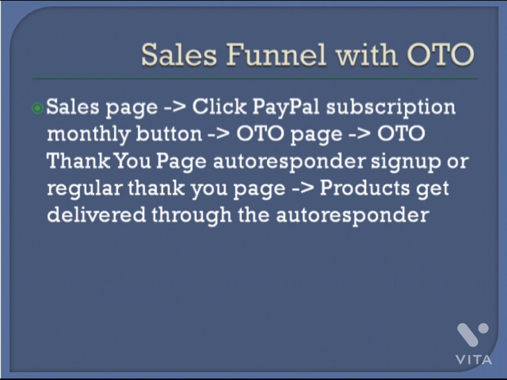Then the products get delivered through the autoresponder. So if you add a one-time offer, it does make it a little more complicated, but it's really not that bad. But in this specific video series, I'm going to talk about the basic sales funnel with no one-time offer. This is important to know so that you can put all the pieces together and know exactly what you need to do.